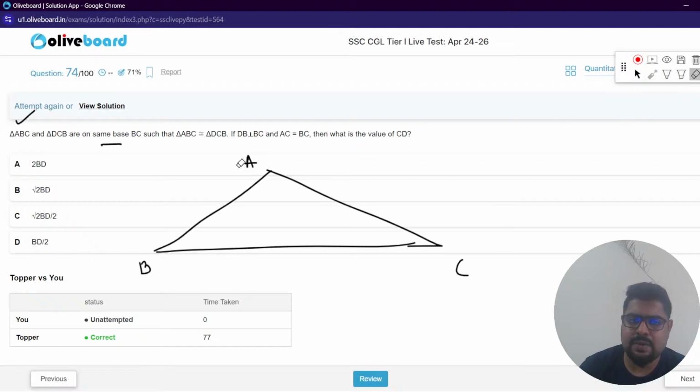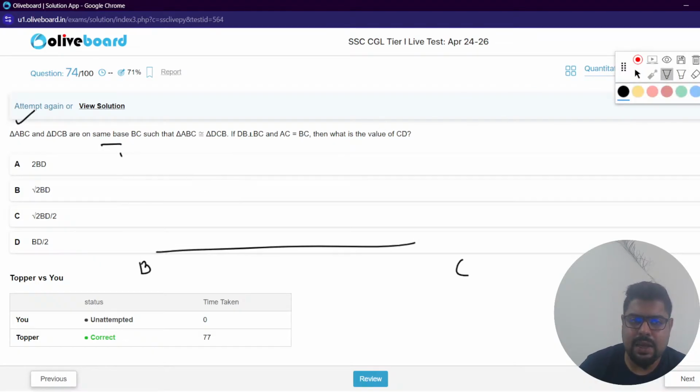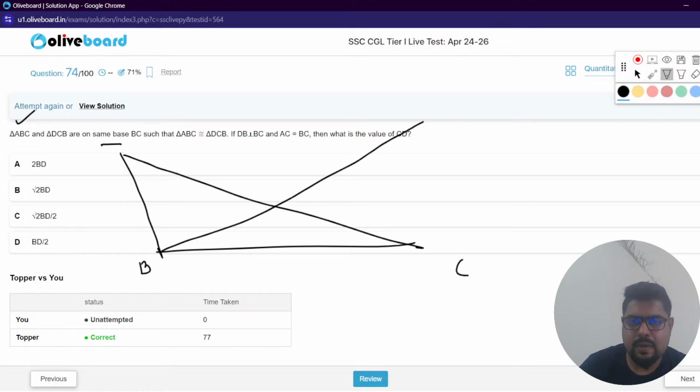So in that case, make the diagram like this, at least so that it looks ठीक-ठाक. Same base such that these two are congruent, ABC and DCB.